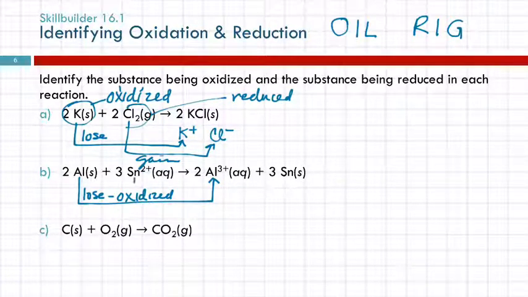And the tin going from +2 to 0, gaining or losing? Gaining. If this one's losing, the other one has to be gaining. So it's gaining electrons. I know it's confusing with electrons being negative.